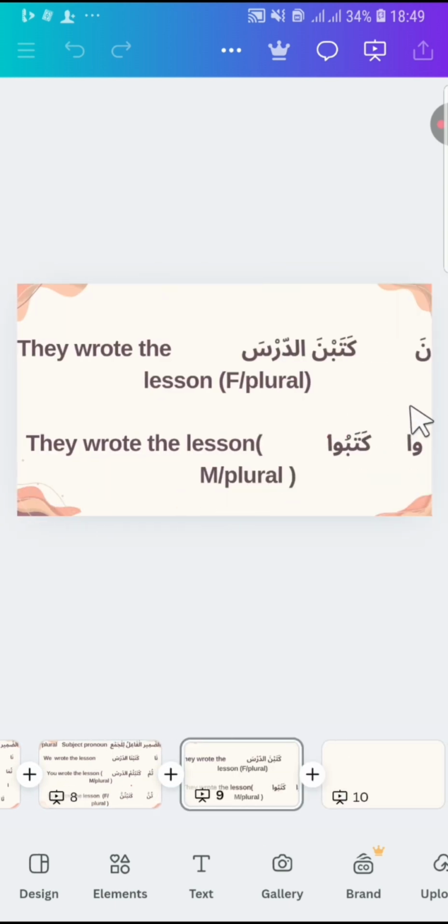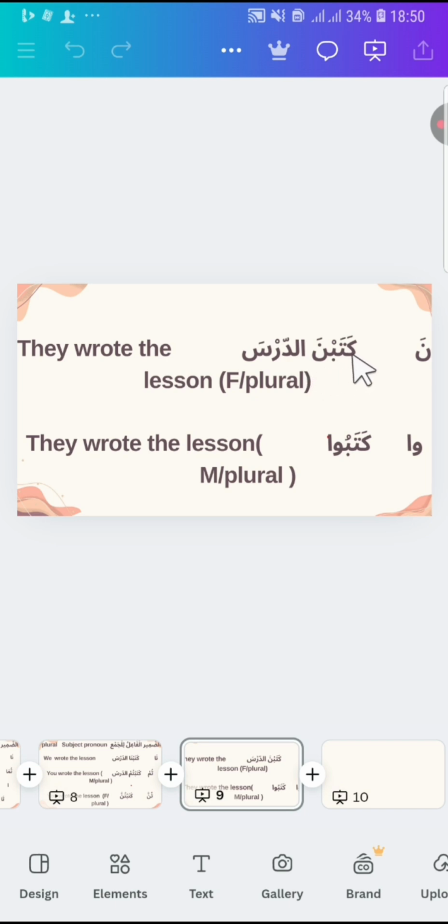Katabna darsa, they wrote the lesson, and it refers to more than two females. For example, Fatima, Khadija, and Maryam, katabna darsa.